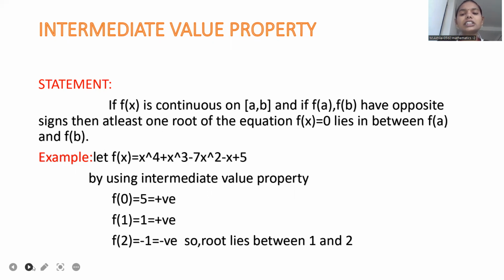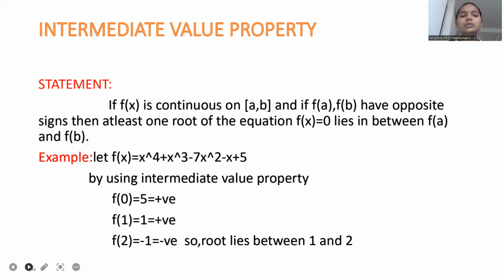Here, we do not consider the signs of f(a) and f(b); whichever is numerically greater than the other is taken as x0, that means the initial approximation.